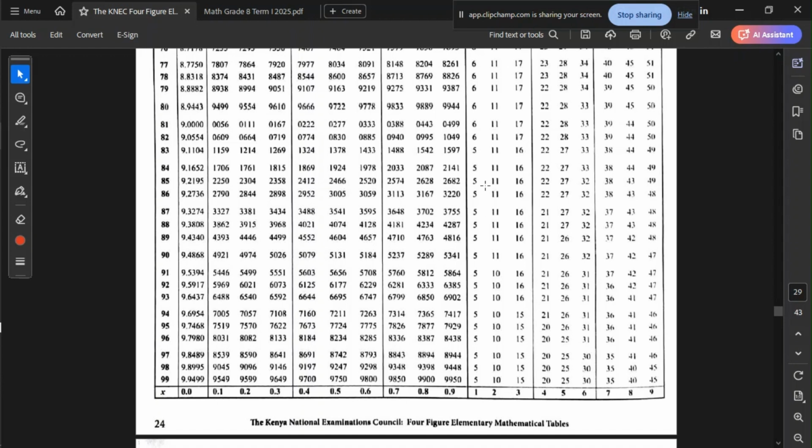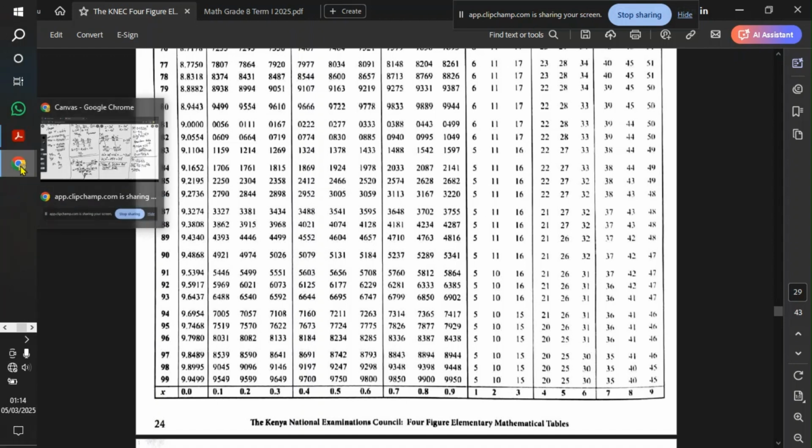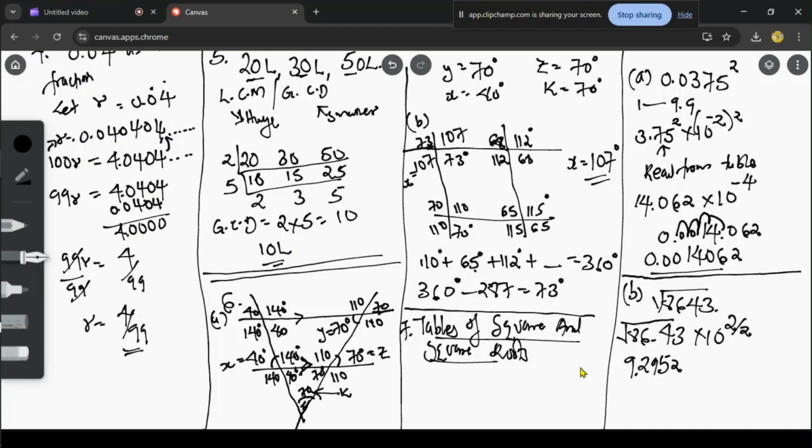I check 3 in the last column, and I'm having 16. So I come here and add. We add 16 from the farthest point here. So I add 16 and see what my answer is: 8, 6, 9, 2, then 9 point.